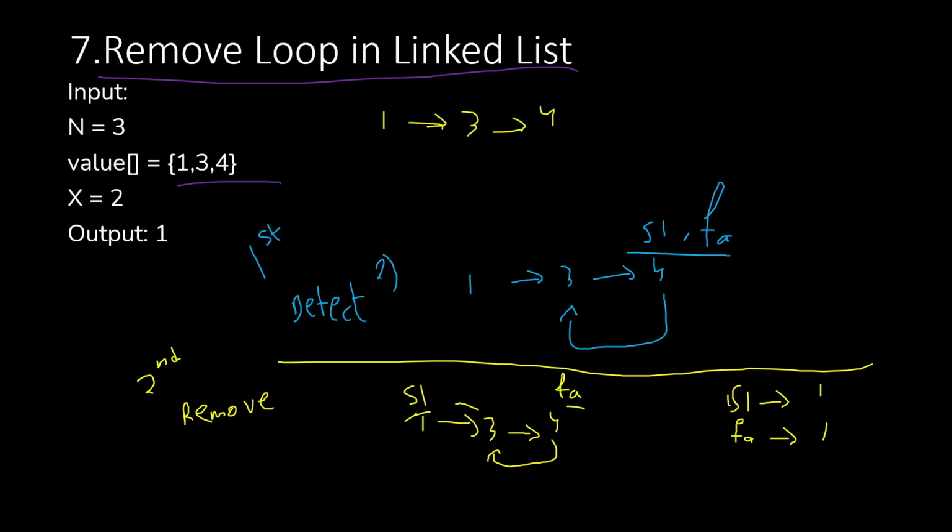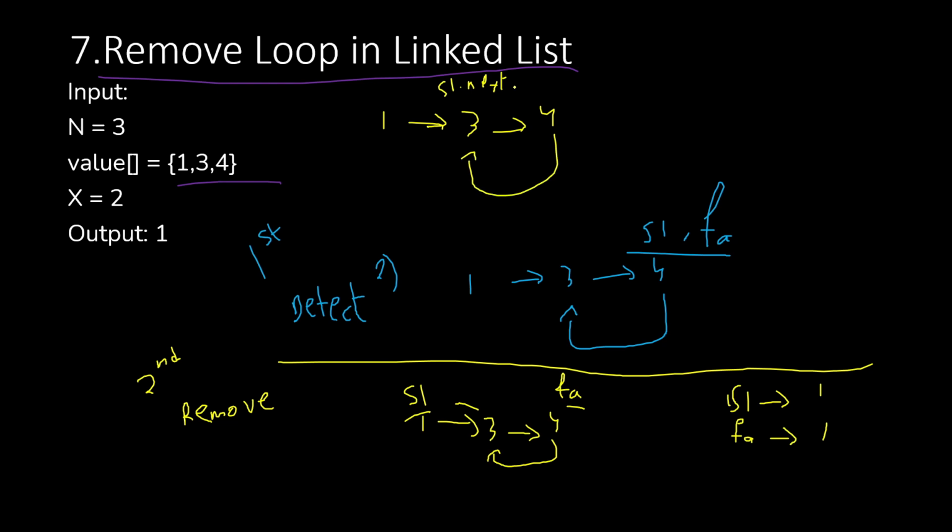Now check: slow dot next is this one, and fast dot next is this one. We are not rewriting it, we are checking here. In the if condition, we are checking whether SL dot next is equal to FA dot next or not. FA was here earlier, and now dot next will come here only.